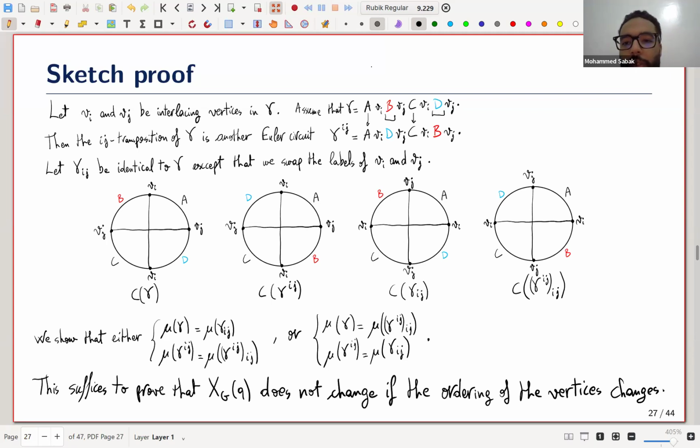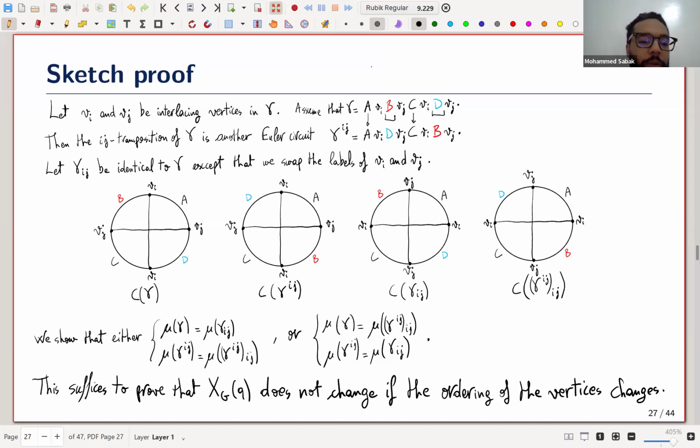There is actually a result saying that the Euler circuits of a 2D graph, or just of a D graph in general, make up a single orbit under transposition, meaning that any two Euler circuits of the graph can be obtained from each other by some transposition.